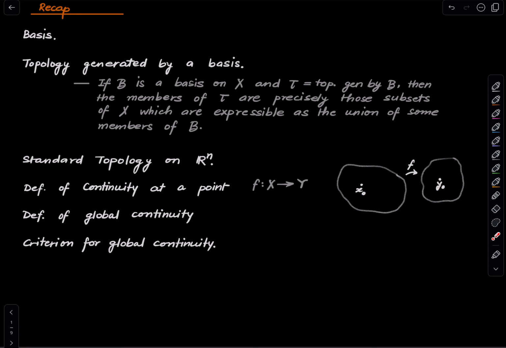Then we need to know what is meant by global continuity. Again, suppose we are given some function from a topological space X to a topological space Y. When do we say it is a continuous function?